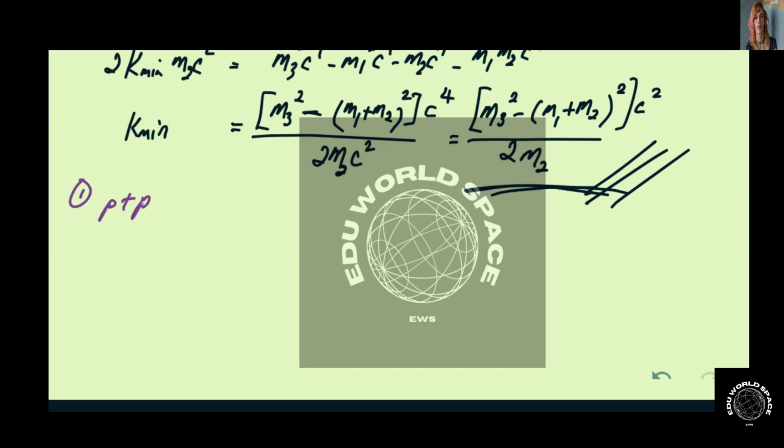For the first equation, it's just P plus P producing 3 protons and 1 antiproton. So M1 over here is the mass of the proton. M3 is the mass of 4 protons.